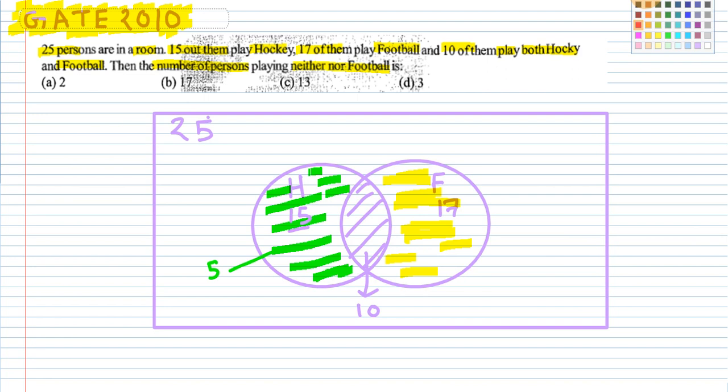the players who play only football. So 17 minus 10, that will be 7. So there are 7 persons who play only football, 5 persons who play only hockey, and 10 persons who play both of them, right?